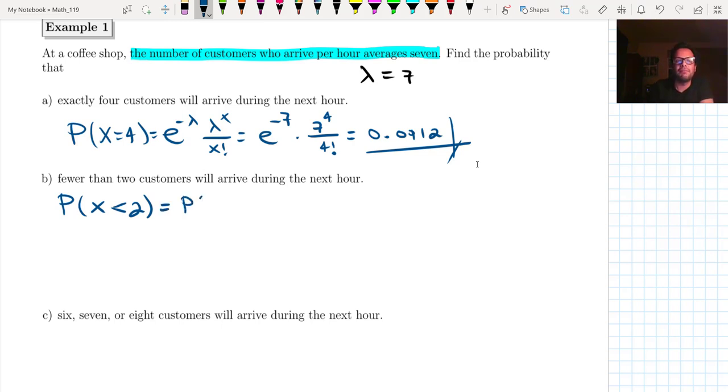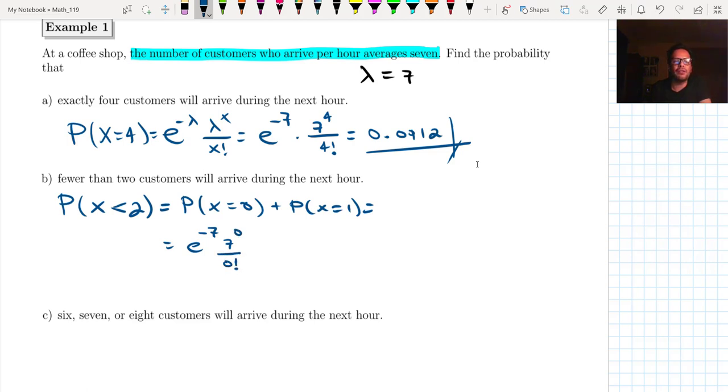So in this case, P of X equals 0 plus P of X equals 1. It will be e to the negative 7 times lambda, which is 7 to the 0 power divided by 0 factorial.